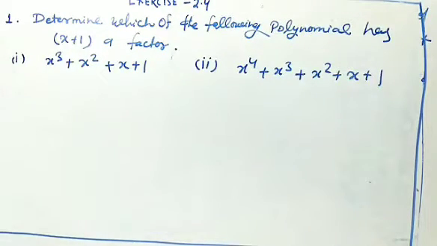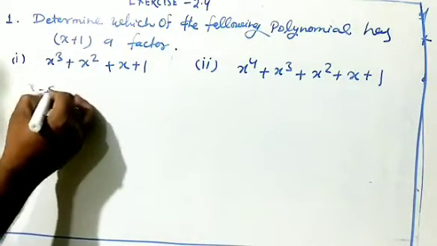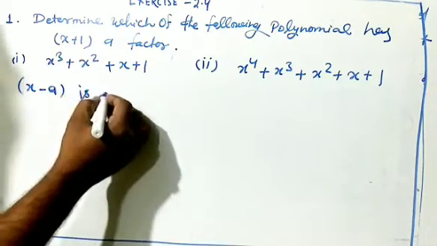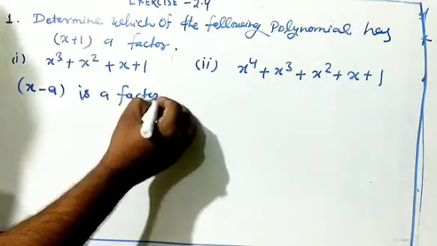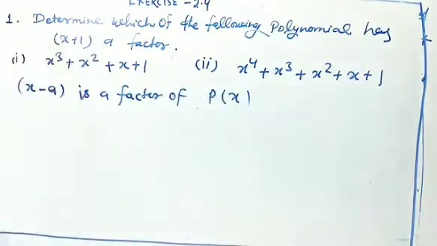So first of all I want to tell you the factor theorem. Using the factor theorem we can solve this question. In the factor theorem, generally, x minus a is a factor of p(x), where p(x) is a polynomial.